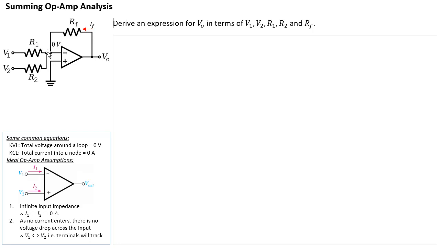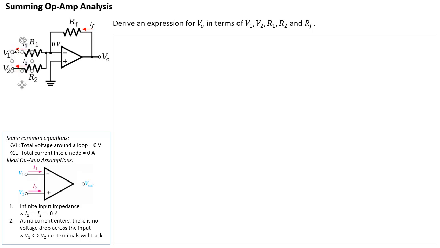However, IF will be split between R1 and R2. I'm going to call the current through R1 I1, and the current that goes through R2 I2, of course. So that's my I2, and the one above it is I1.